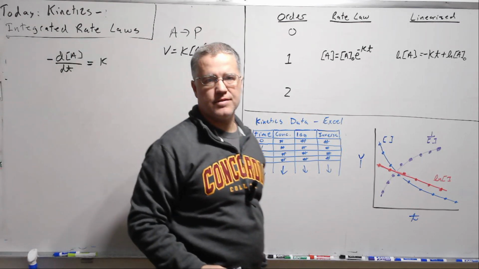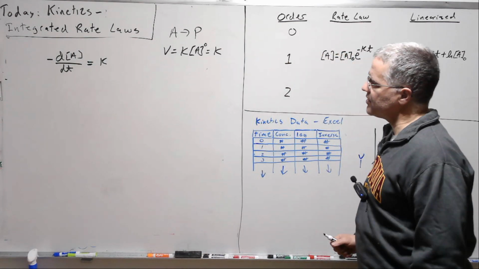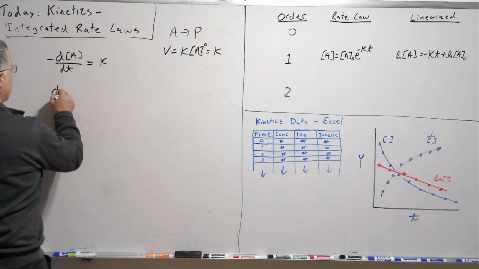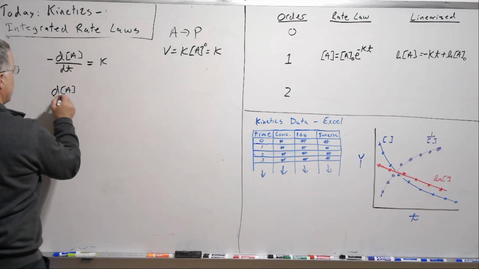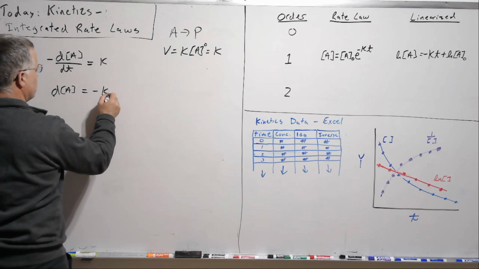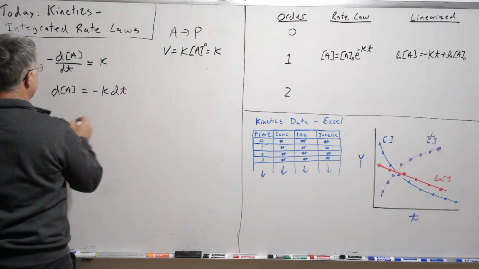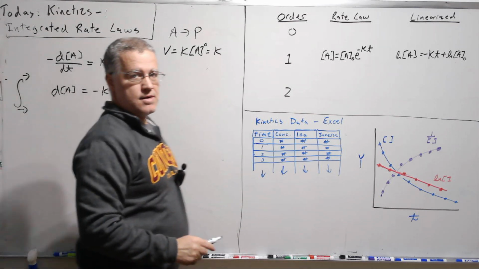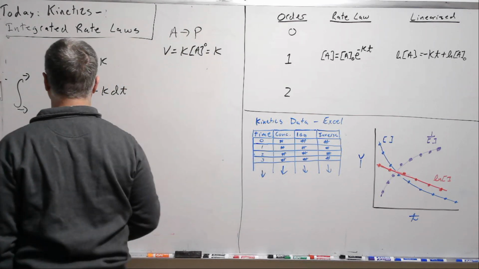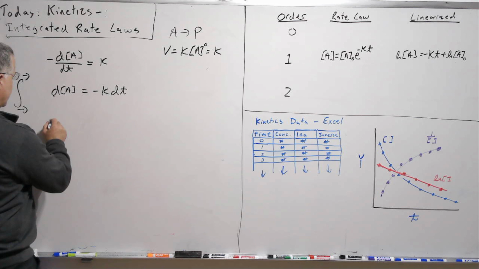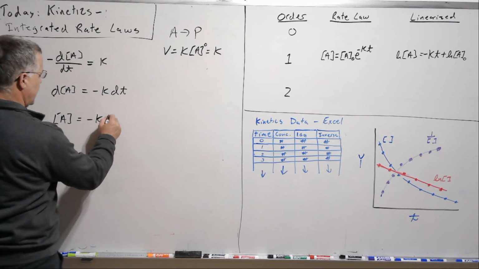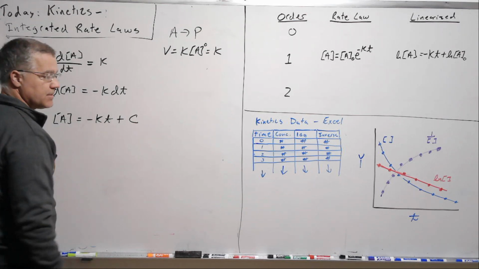There's our differential equation for this. So let's do our separation of variables. I'm going to bring the minus over. Now I'm going to integrate this up, and I'm going to get A equals minus kt plus c.